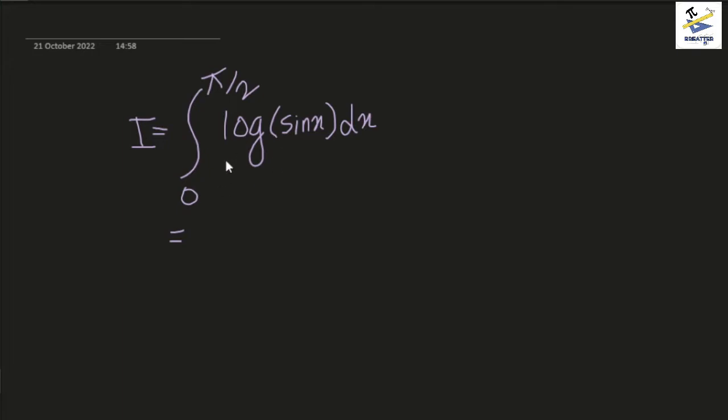Anyways, if we were to evaluate this integral, we recall the property that the integral from a to b of f x dx equals the integral from a to b of f of a plus b minus x dx. If you remember that from the basic integration course, of course that video would be added at the end of this video.